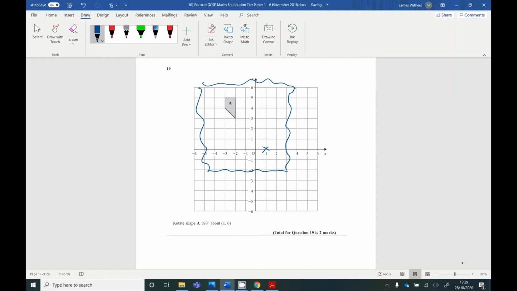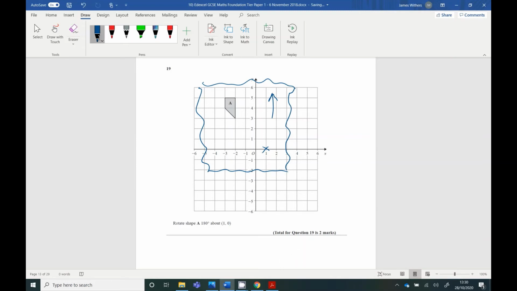A little tip: do a little arrow pointing upwards on your tracing paper. Because we're rotating 180 degrees, put the nib of your pencil on the center of rotation 10 and just rotate the tracing paper around until the arrow is pointing downwards, and then you can just draw onto the tracing paper, creating an indentation below, and that's going to give you the answer.